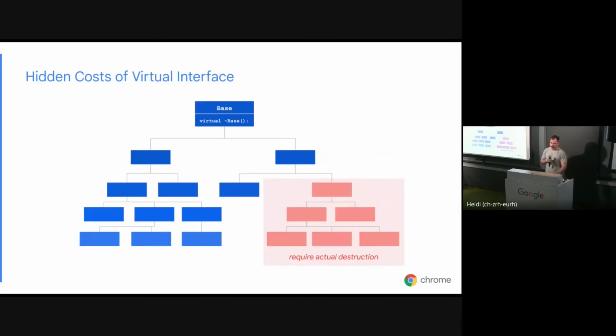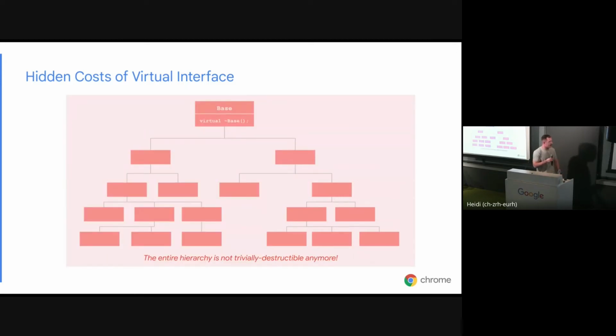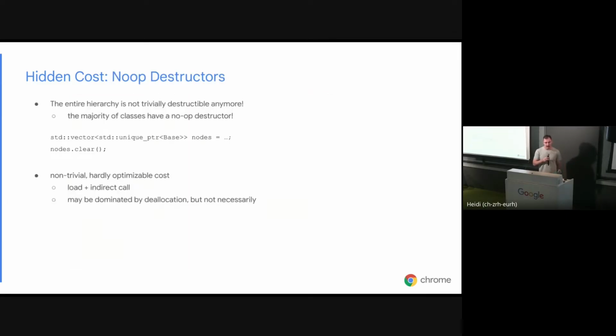But assume that only a tiny fraction of the hierarchy actually has some destruction semantics. This is actually the real case for the DOM, for example, and this is what we've seen. All the rest of the classes don't have any destruction semantics. But this is the lowest common denominator if you have an interface class. You have to provide the virtual destructor, and then suddenly the entire hierarchy becomes non-trivially destructible. So you have a lot of no-op destructors.